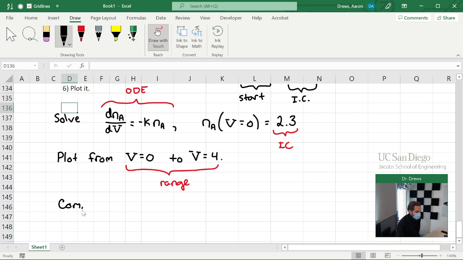And then we're going to compare that plot to the exact answer, which is NA equals NA0, which we just derived a moment ago, e to the minus kV. Those two ought to line up virtually indistinguishably. There should be almost no difference between the two. In much the same way that if we were to apply the quadratic equation, the result that we get from solving that analytically ought to line up perfectly with something like fzero or fsolve.